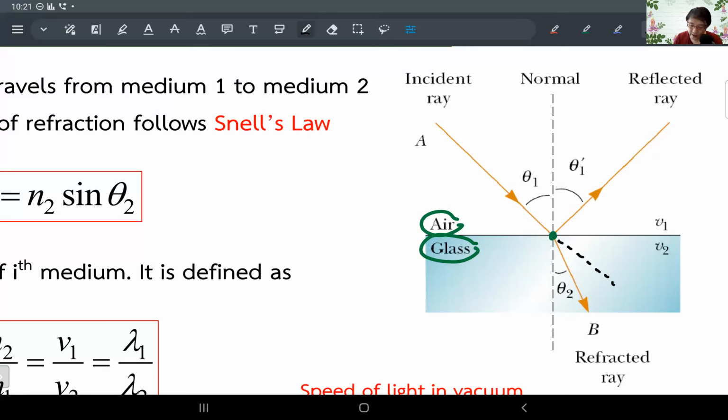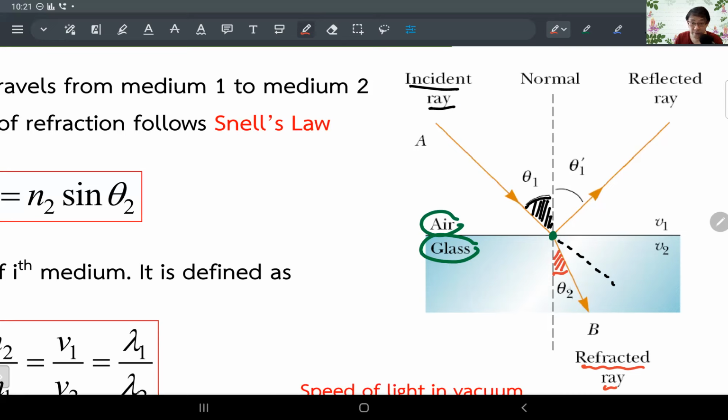What you have here is an incident ray coming in, making a theta 1 angle. Once again, confirm that the angle has to be measured with respect to the normal line. So that's theta 1. Then the outgoing ray, which we can name the refracted ray, goes out at a different angle over here, which we name theta 2.